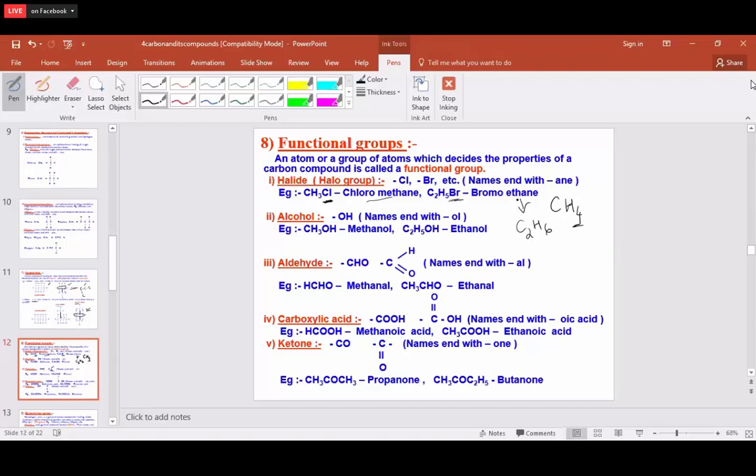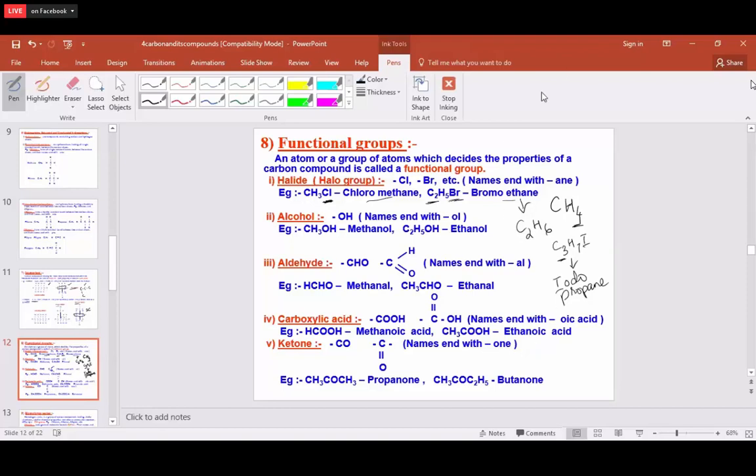So bromoethane. There are two carbon atoms present, so we call it ethane. Suppose in the case of C3H7I, this we call iodo. There are three carbon atoms present, so it is the propane family. So iodopropane.